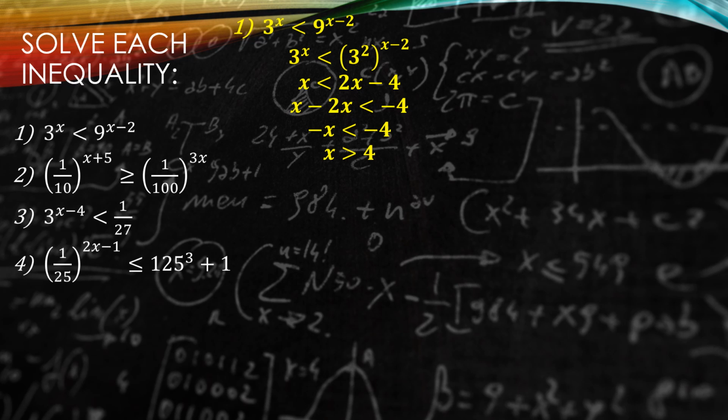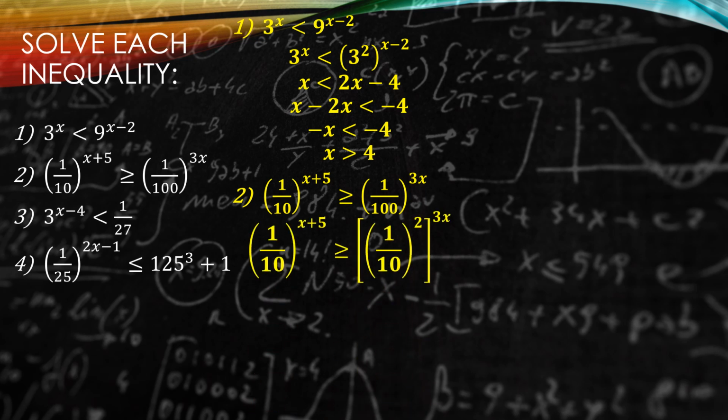And kung ang base, okay, dito sa taas ay less than 1. Okay? Number 2. So, we have 1/10 raised to x plus 5 is greater than or equal to 1 over 100 raised to 3x. Okay? Since hindi pagkapareho ang kanilang base, okay, gawin natin ganito, yung sa right side.